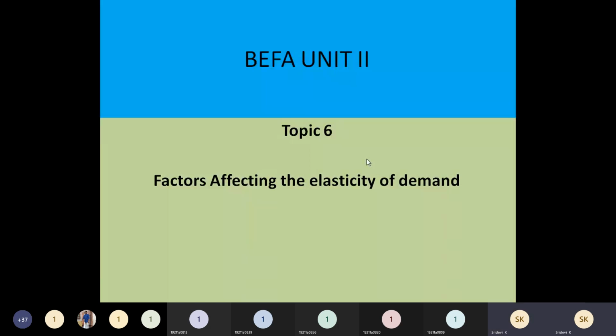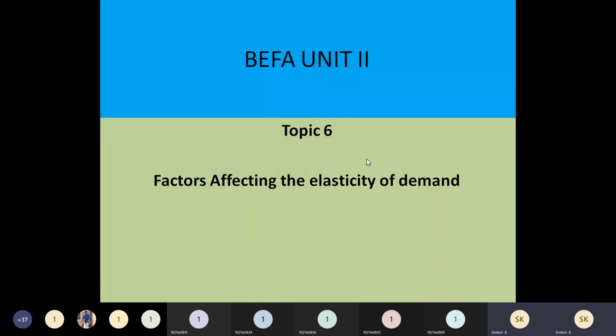And postponement: if postponement is possible, they can postpone for the future. So in such a case, elastic demand will be there. Like biscuits, soft drinks, these can be purchased afterwards. So even a slight increase in prices may lead to a decrease in the sales.